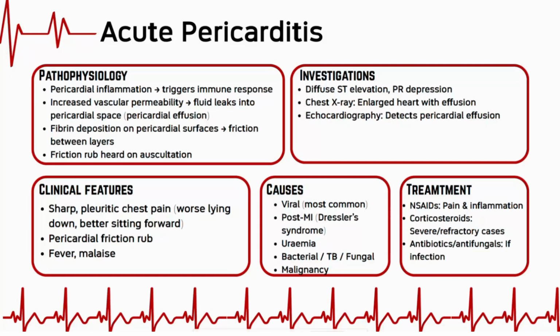Now, this pain, if you remember from what I said a little bit earlier, is due to the fact that the pericardium is well innervated by the phrenic nerve. This innervation is what causes that very sharp pain.